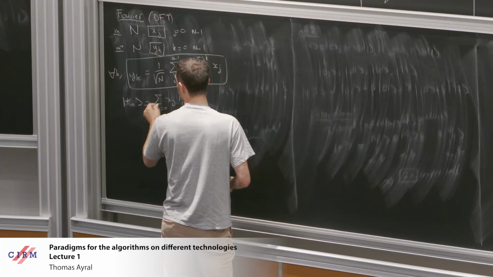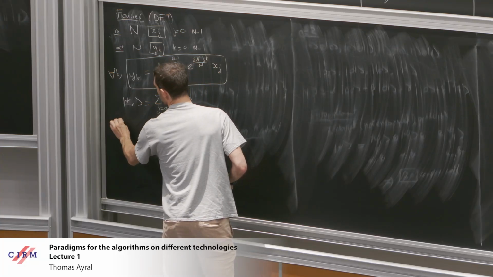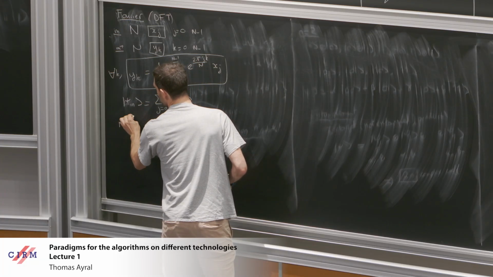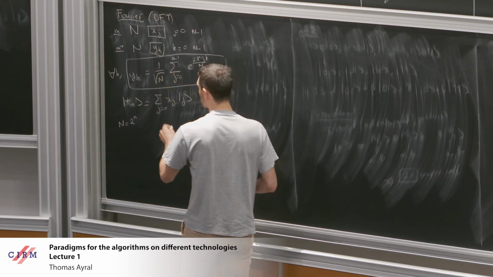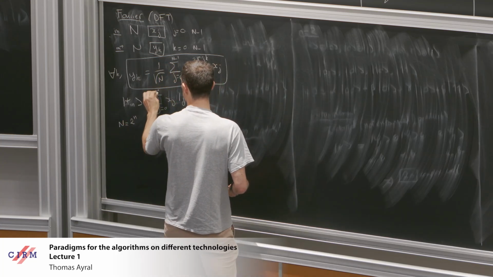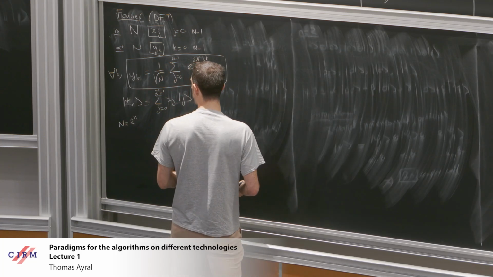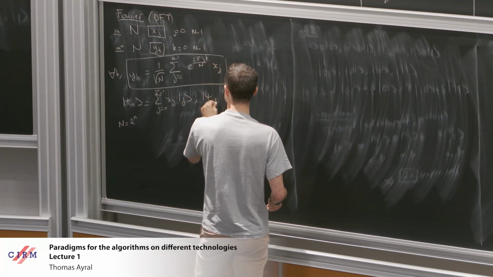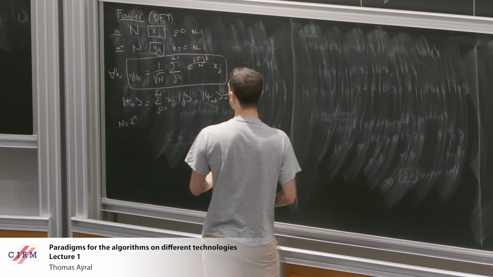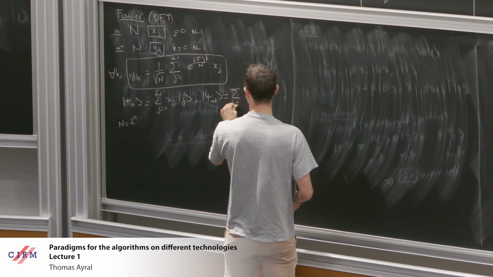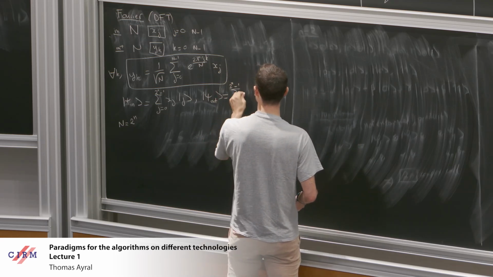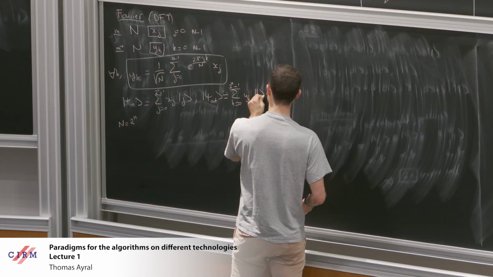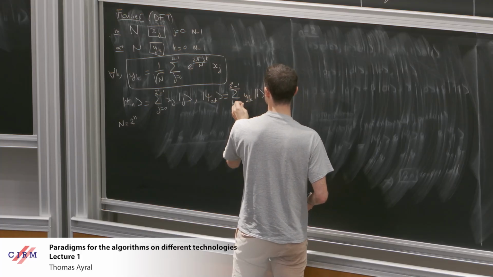I'm also going to say that big N is 2 to the power n, so that j goes to 2^n minus 1. The game now is to find a circuit such that the outgoing state is the sum over k from 0 to 2^n minus 1 of yk |k>. That's the game I want to play now.